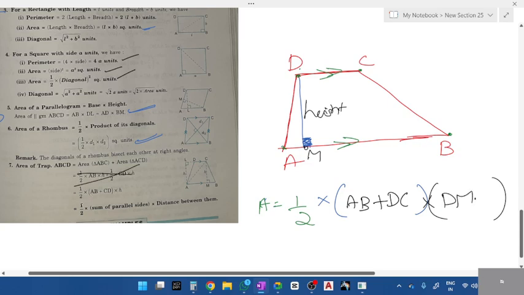Ignore all this. These two are important. Let's go through once. Trapezium: none of the sides are equal, and we have two parallel sides. The area formula is half into AB plus DC, sum of parallel sides into distance between them. Distance is the height.